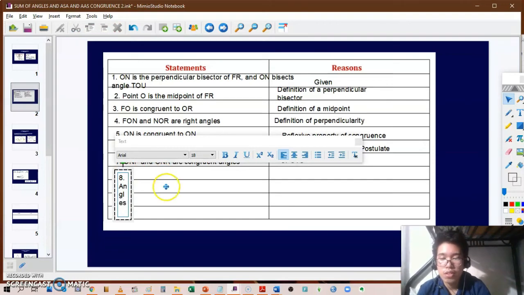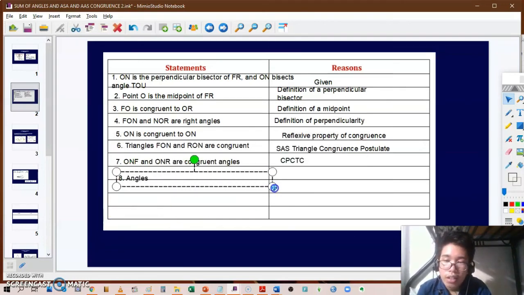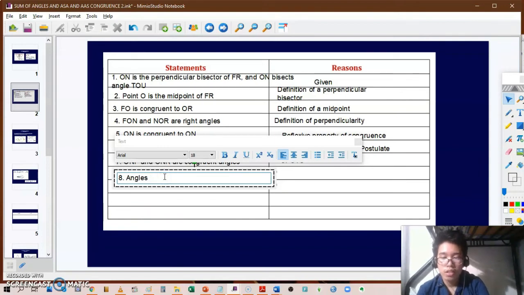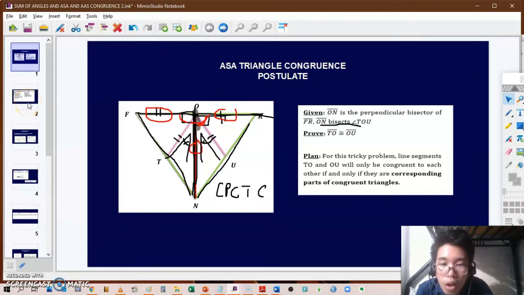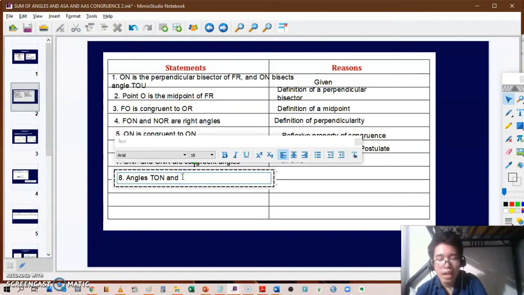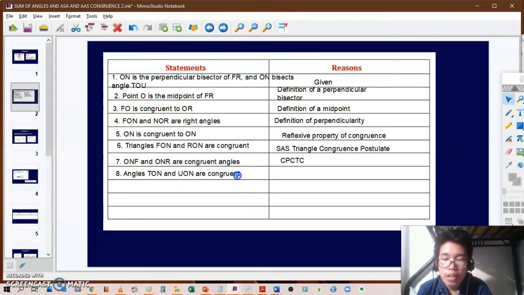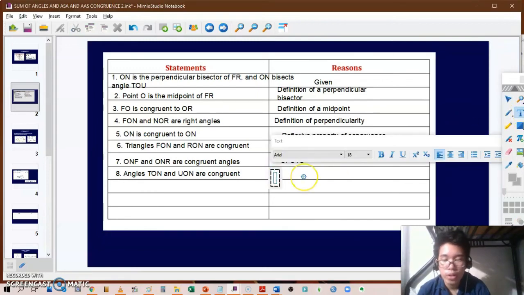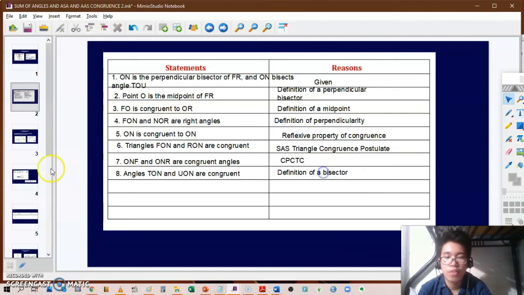That's the definition of a bisector, since a perpendicular bisector is just an example of a bisector.